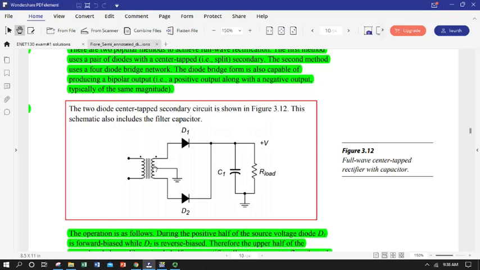Okay, at this point we would have effectively negative conventional current flowing through D1, but it's easier to think about regular positive conventional current now flowing through the other side of the transformer secondary. So we're at the negative half cycle. So conventional current flows through D2 and comes back up to the same node, and now it has a choice.